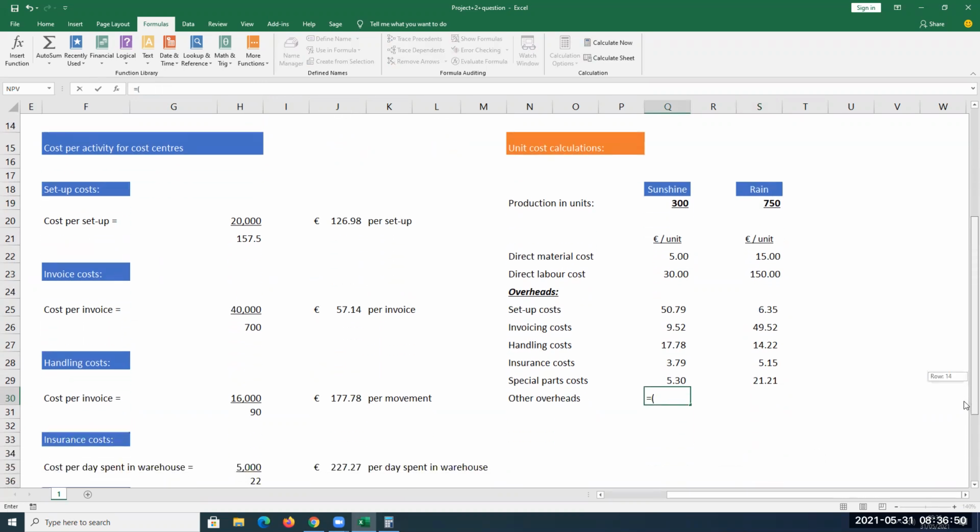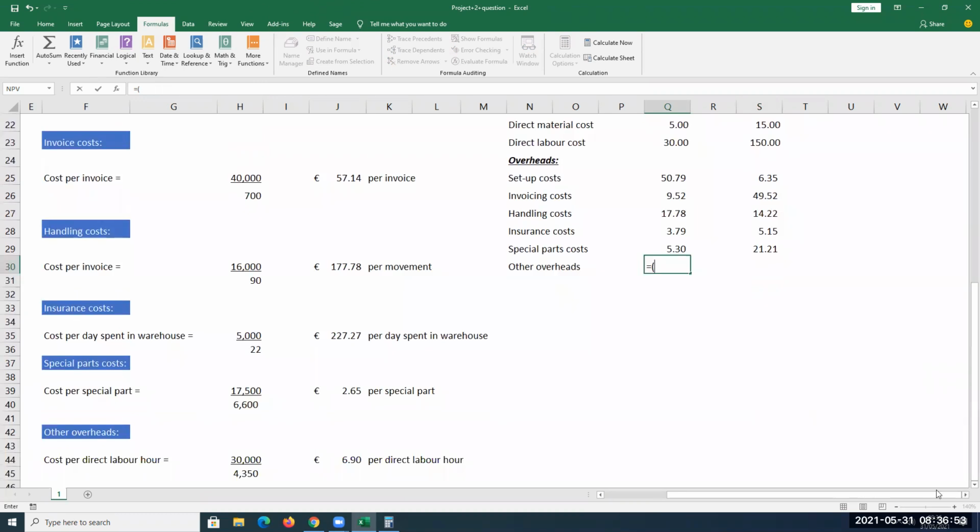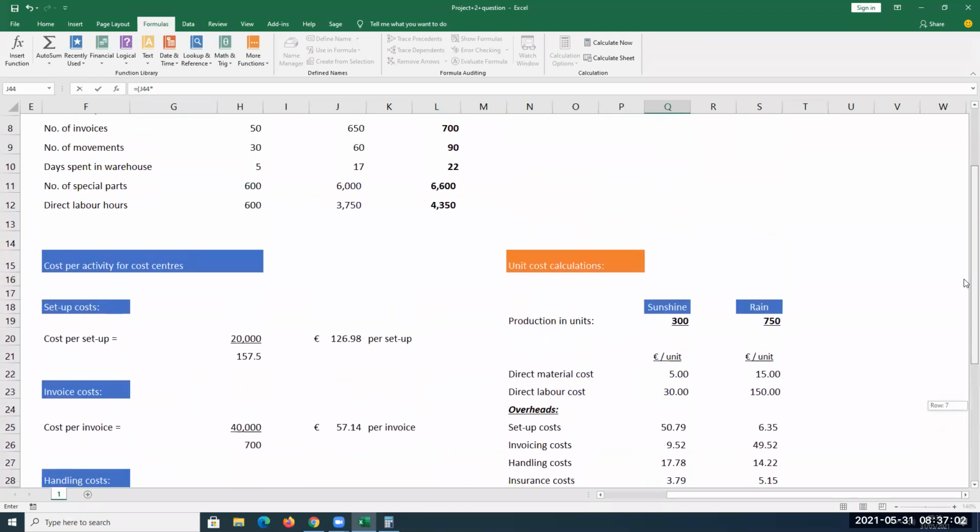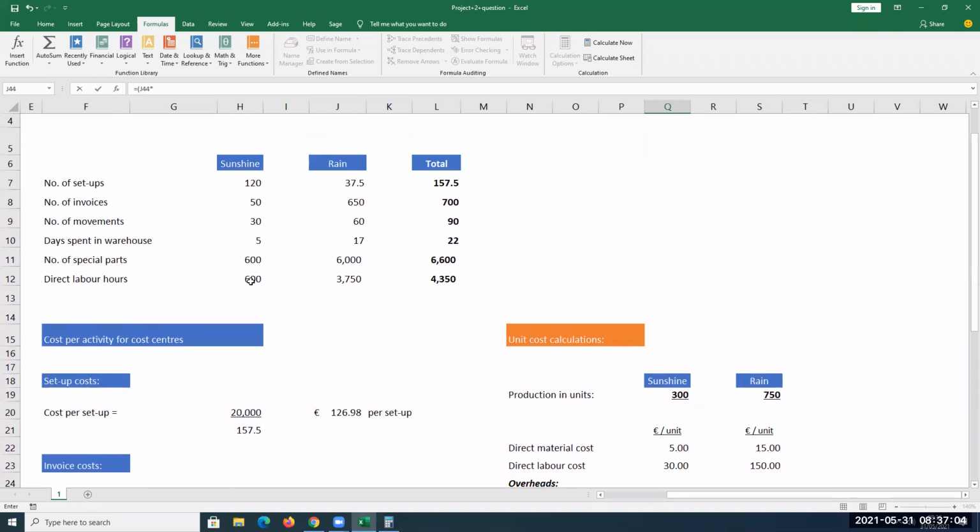And other overheads, the last figure. Other overheads are 6.90 multiplied by how many direct labor hours. Direct labor hours we have for the sunshine 600, divided by number of units produced, 300.